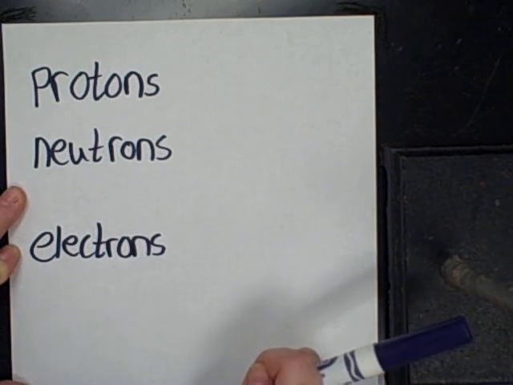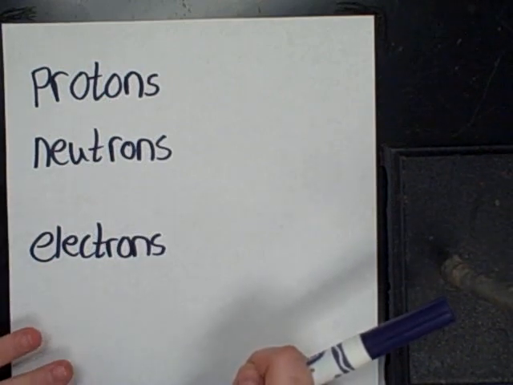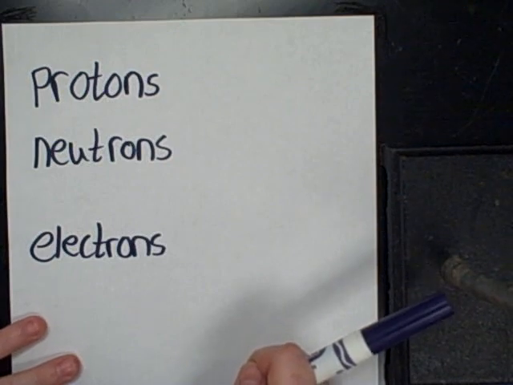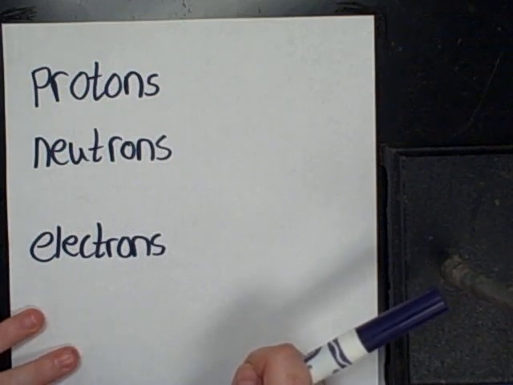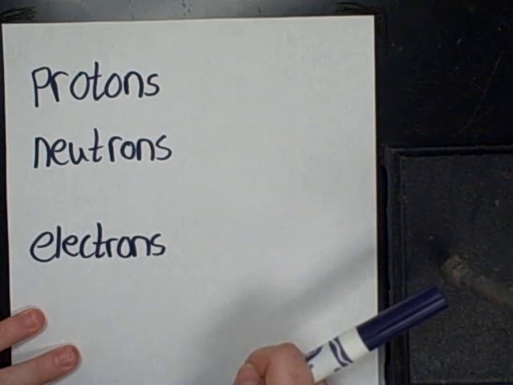Both protons and neutrons are together in the nucleus of the atom. The electrons are on the outside in what we call energy levels or energy shells.